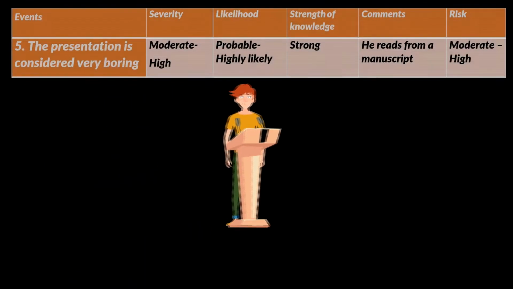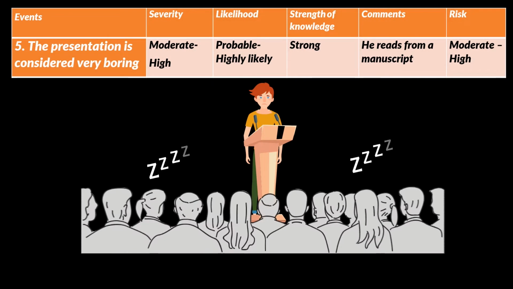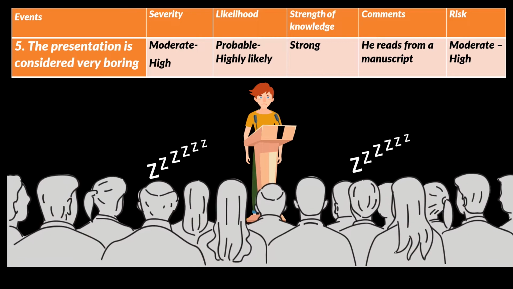If we consider, for example, number 5, the presentation is considered very boring, we see that the severity is considered moderate or high. It's rather likely that this happens. The knowledge strength is strong, and the overall risk is judged as moderate or high.